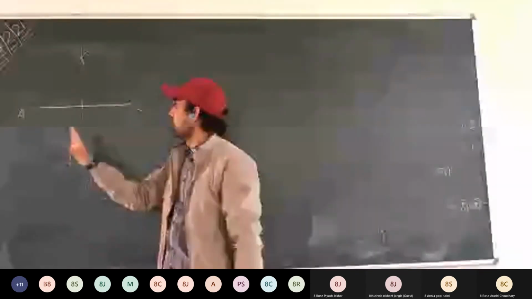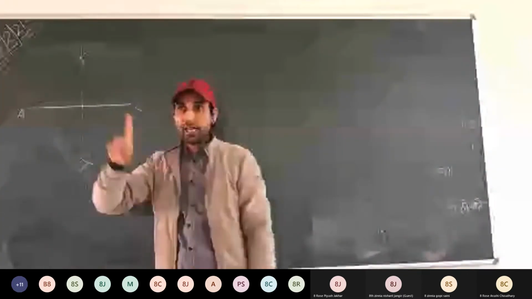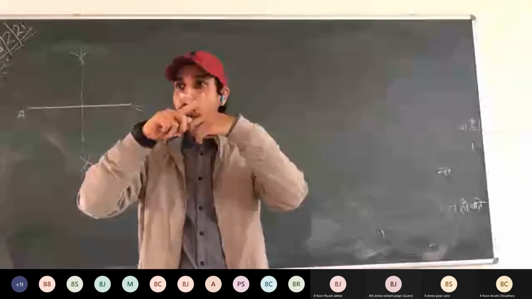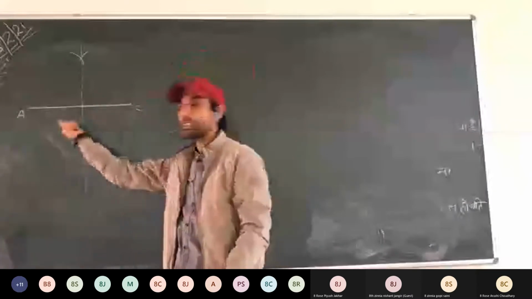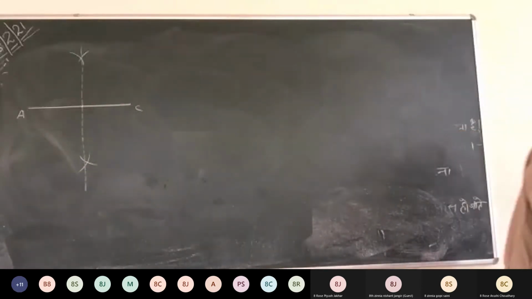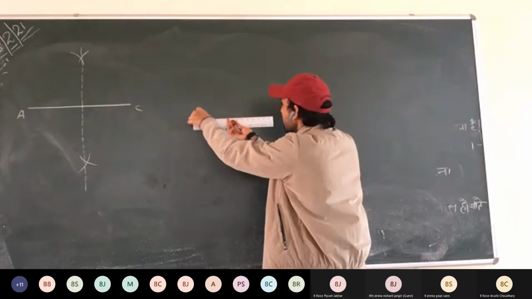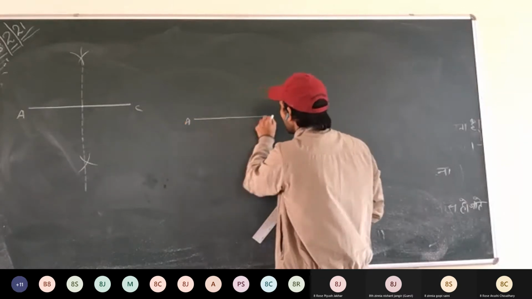How did we do it? See here. We have to find the midpoint of this line. At the midpoint, the other diagonal will be meeting. Yes or no? Another diagonal will be meeting at the midpoint of this line. This AC is the diagonal. So how to construct? First, draw the line of 6.5 centimeters length.